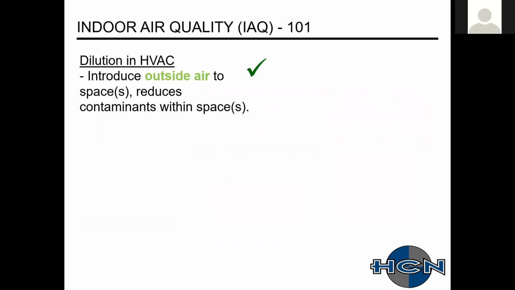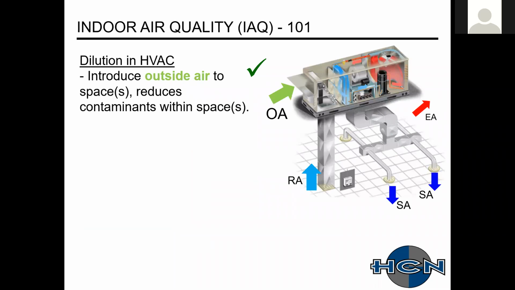Okay, so in HVAC, a good dilution is when we introduce outside air to spaces, then that reduces the contaminants within the space. So HVAC equipment, here's a simple, very common diagram of an HVAC system. You have a rooftop unit on the roof. You're mixing outside air with return air.